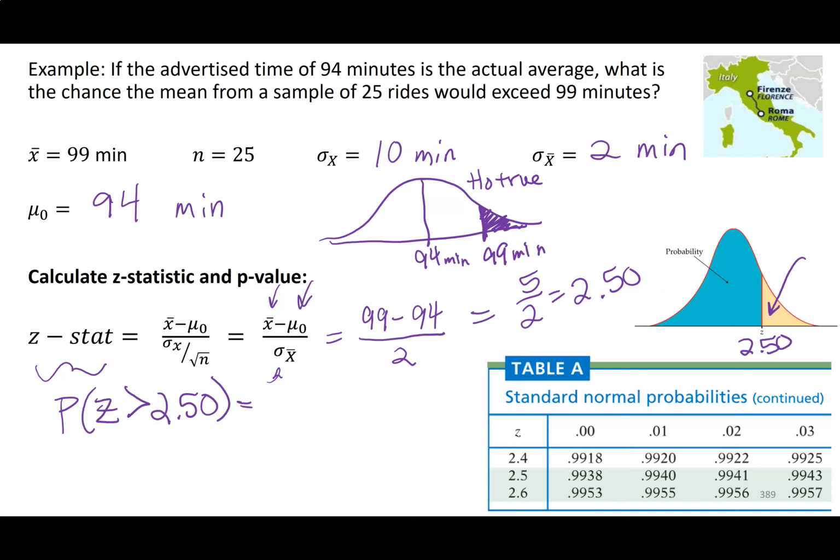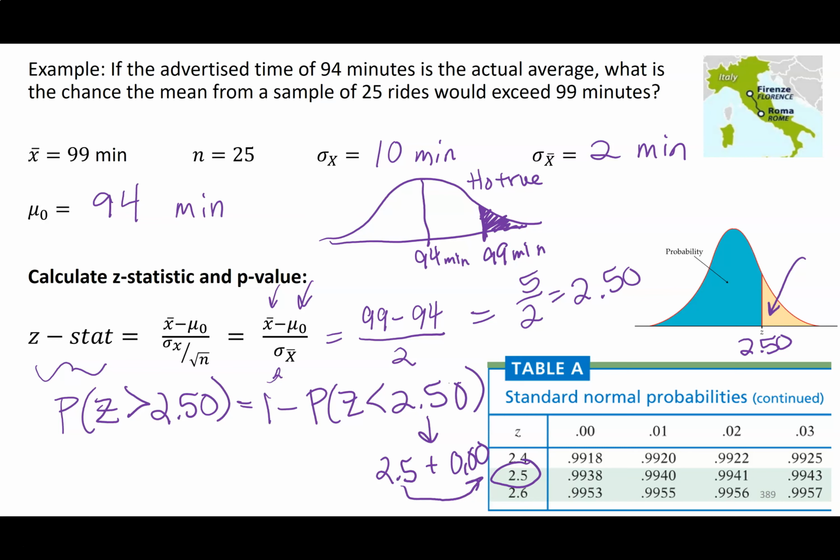So I'm going to say 1 minus the probability that z is less than 2.5. If I want to use the table, 2.5 can be split up into 2.5 and 0.00. The 2.5 tells me which row to use, and the 00 tells me which column.